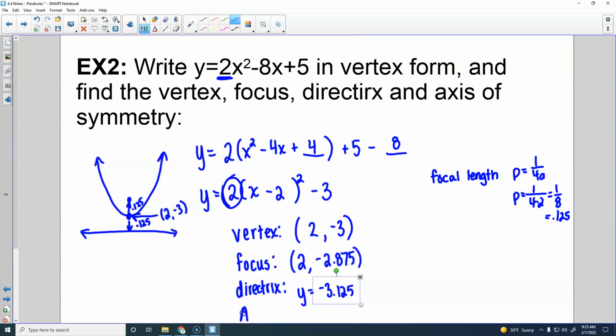And our last would be our axis of symmetry, which would be this vertical line right here. Vertical lines are going to be x equals, so we use the x coordinate of our vertex here, which is 2, so we would get x equals 2.